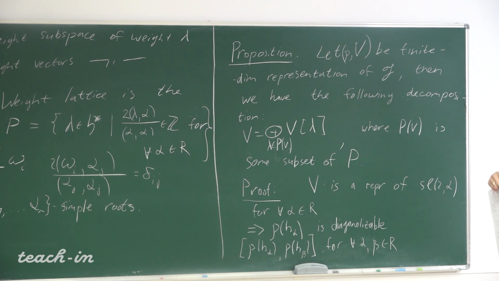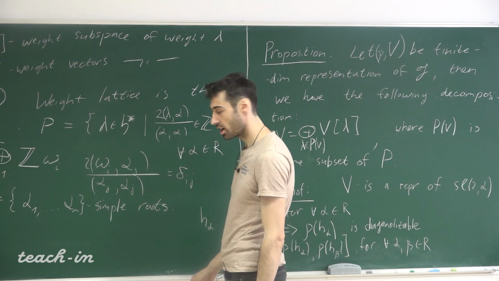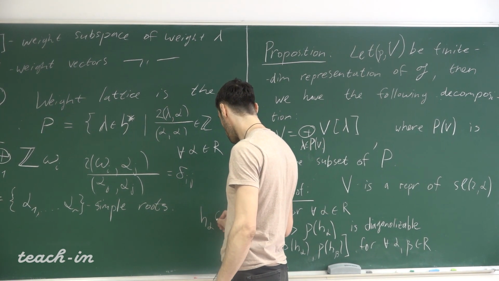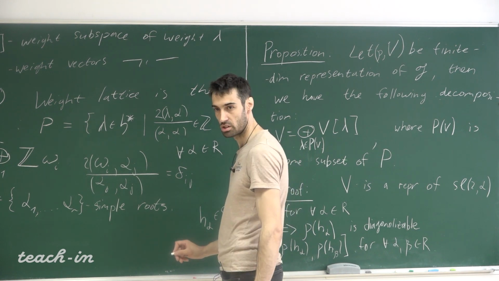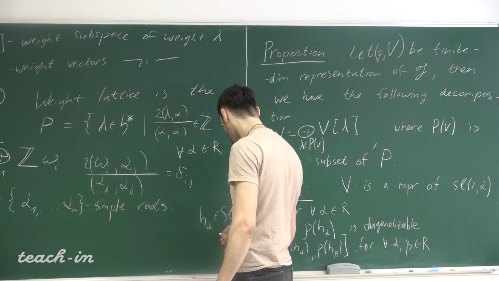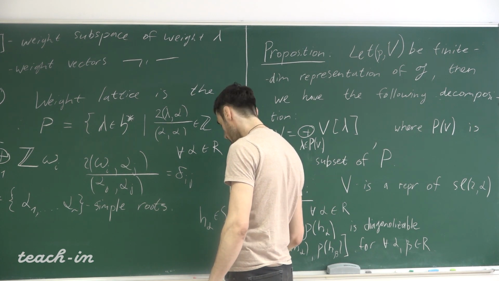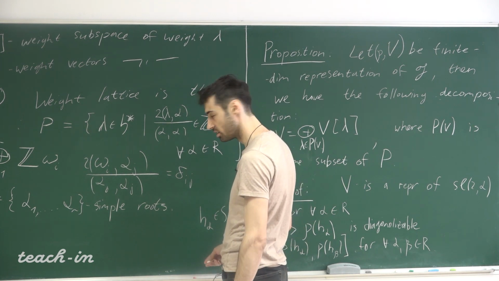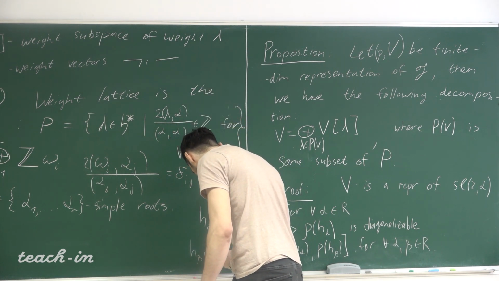We're using a different triple every time. You have H alpha inside SL2 alpha, which has E alpha, F alpha, and H alpha as a basis, and H beta is in some other one.